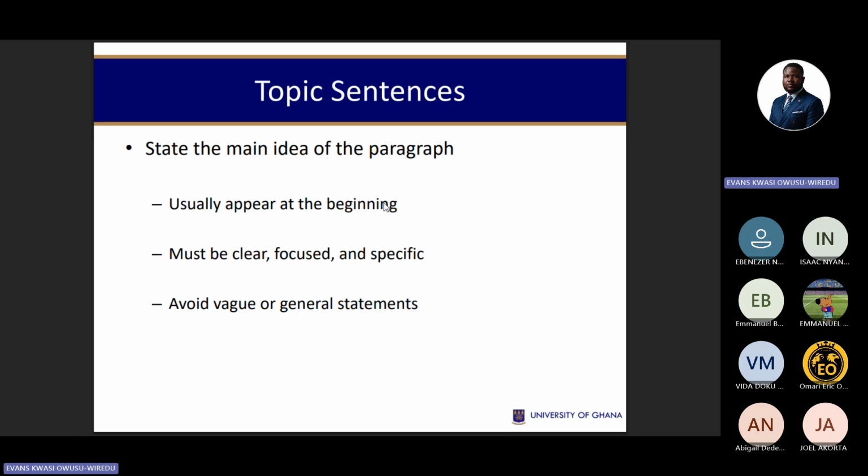It must be clear, focused, and specific. So it is normally straight to the point. It doesn't over-elaborate, and so you look for that sentence. You must also watch the way it is framed.